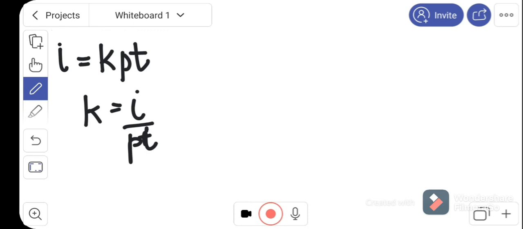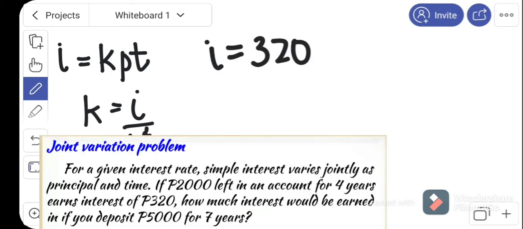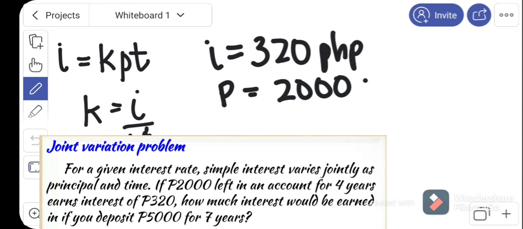Next, we take the values for each variable. We have I, the interest, equal to 320 pesos. The principal amount is 2,000 pesos. Don't forget pesos.